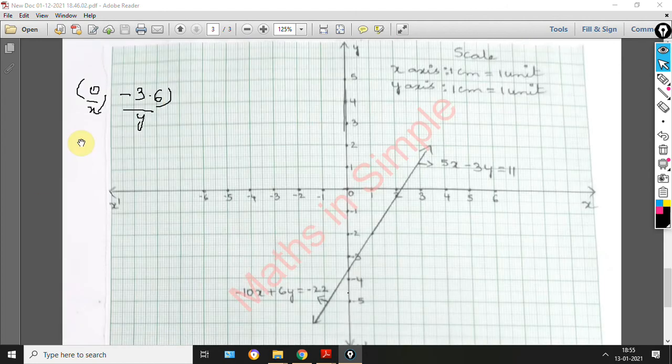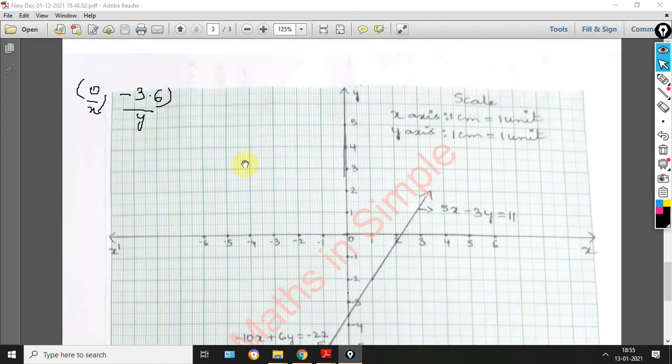The x value is 1, so on the x-axis we have to see where 1 is, here. From this position on the y-axis, y is minus 2, so from 1 to minus 2, here we are getting minus 2.